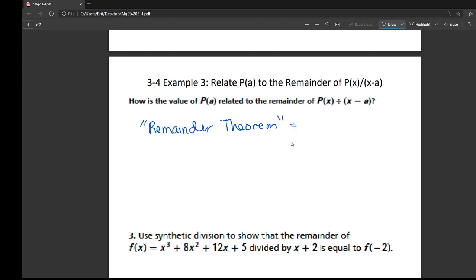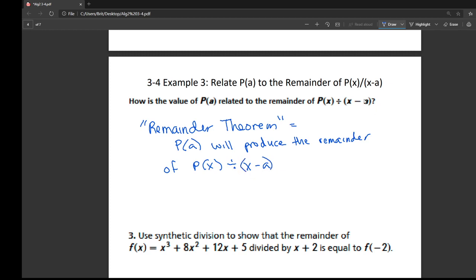What the remainder theorem says is that when I plug in some number a, it will produce the remainder of the division of p of x divided by x minus a.